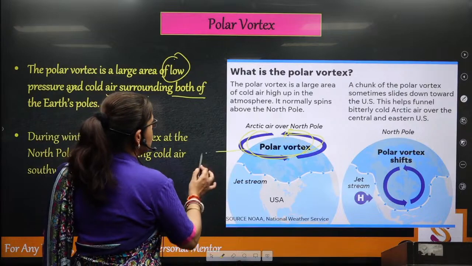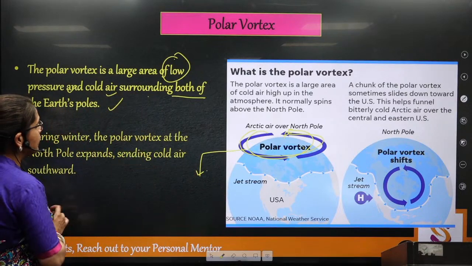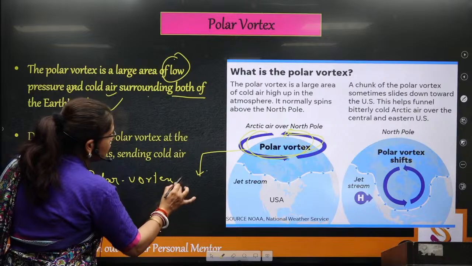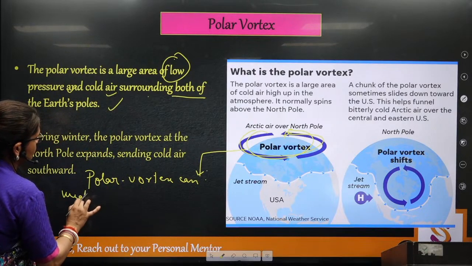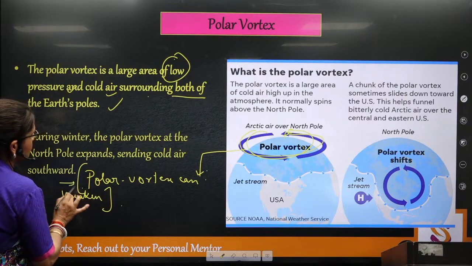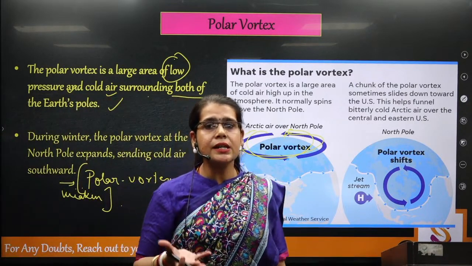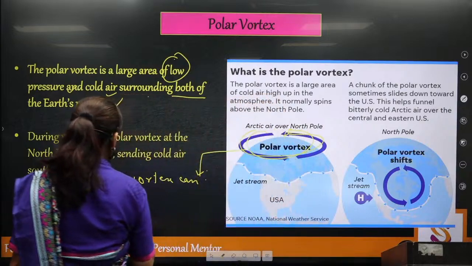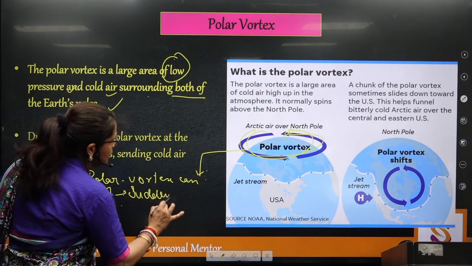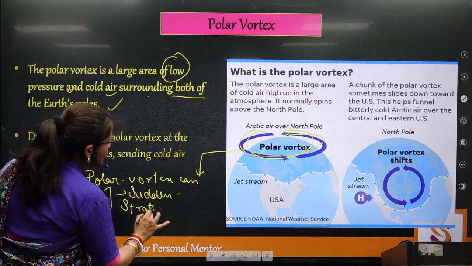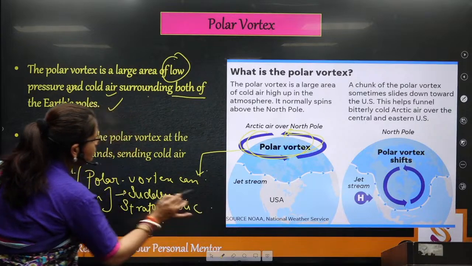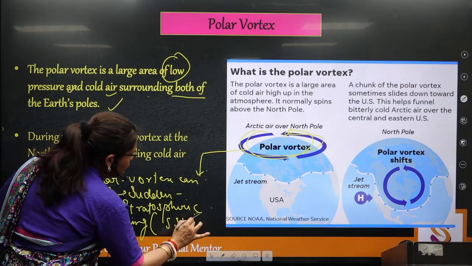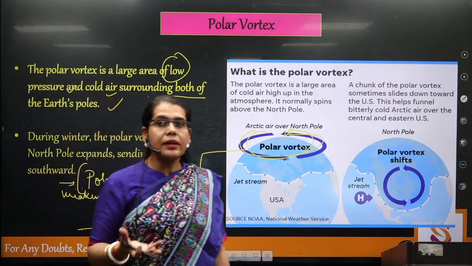But in certain years or during certain time periods, this polar vortex can weaken. For example, when we witness sudden stratospheric warming, which we call SSW, so warming associated with the stratosphere.